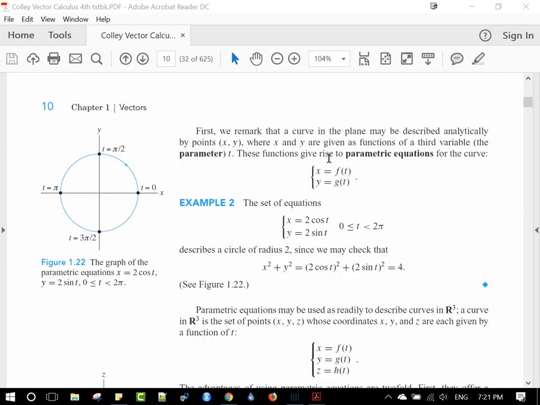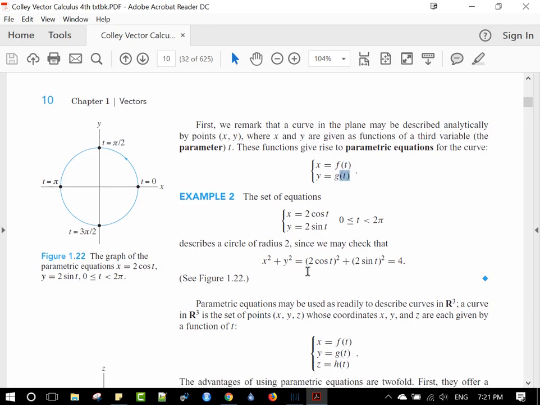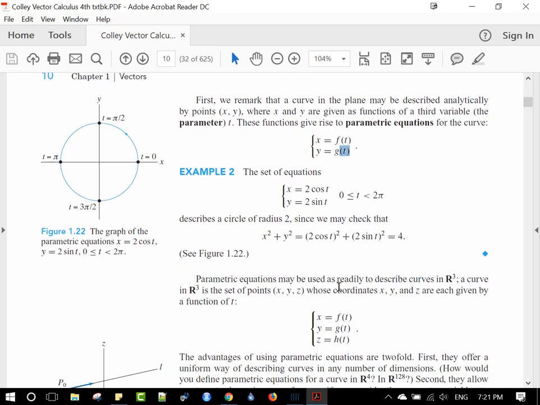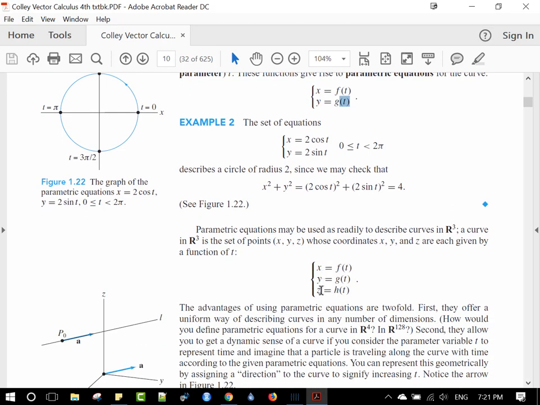Okay, so here they tell us what they mean by parametric equations. So x and y are defined in terms of a third variable, which they're calling t. And this is an example. Okay, we don't need to deal with that. And here, x, y, and z are defined in terms of t, and that will give you some kind of curve in R3.